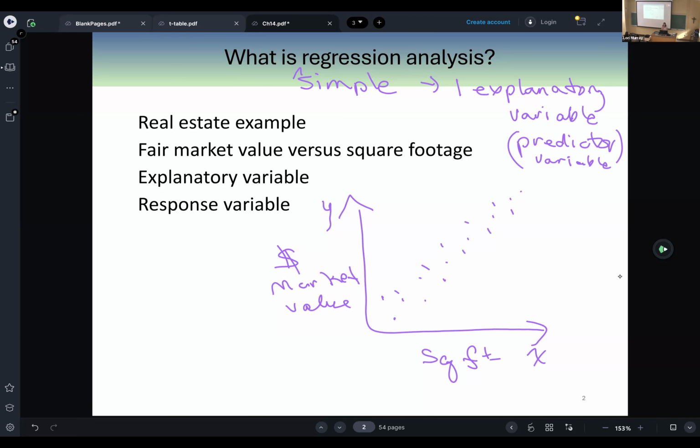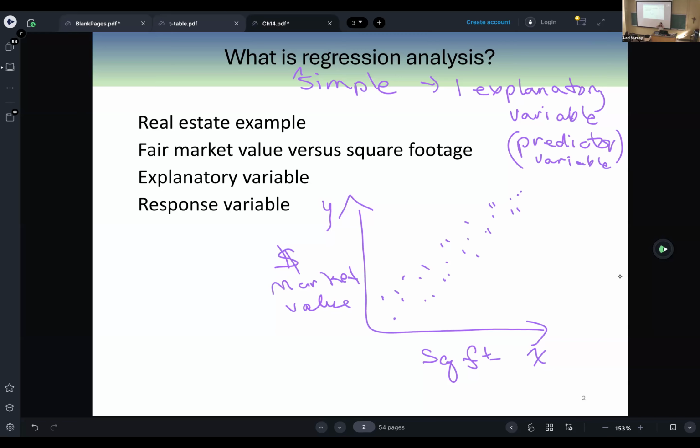Now, why would a real estate agent want to do this? Or why would a real estate company, the MLS, multiple listing services, want to do this? Because there's so much variability. You could have a house on a corner, a house with a swimming pool, a double car garage, or a single car.